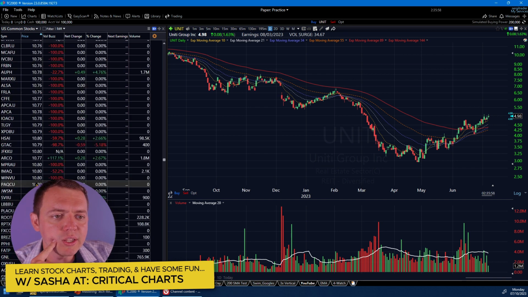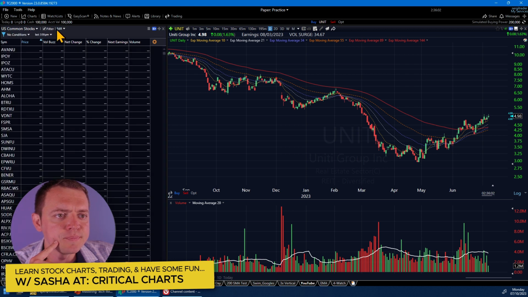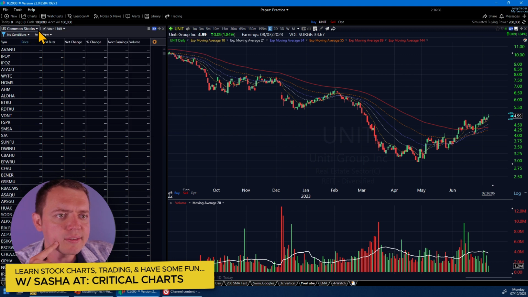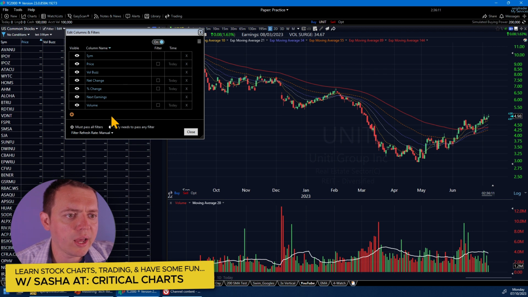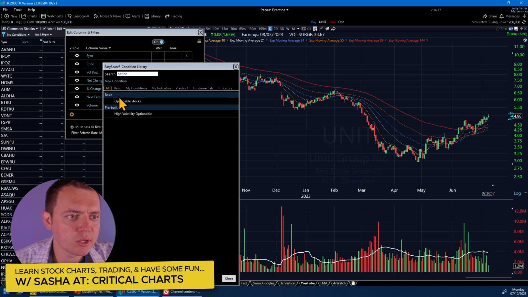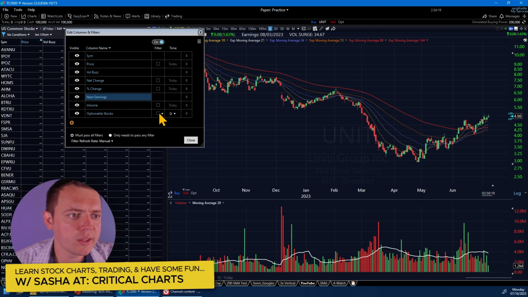As we start looking at $10 a share, I'll filter this. When we filter, we can look at optionable stocks. So we'll add a filter, add a true/false column, optionable stock. There we go.